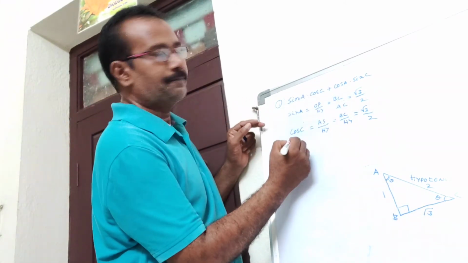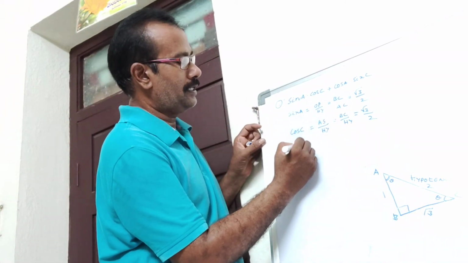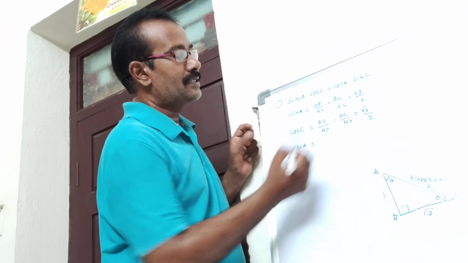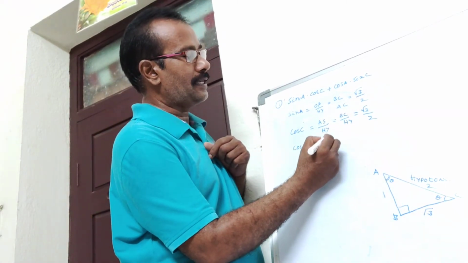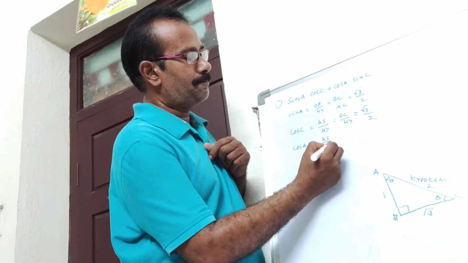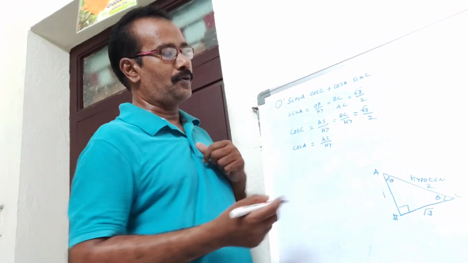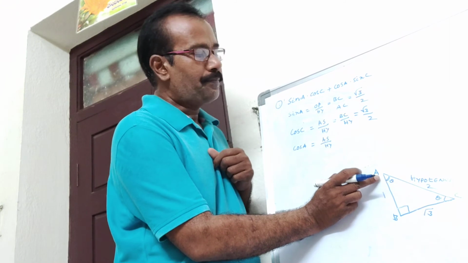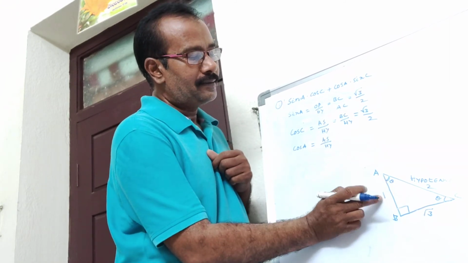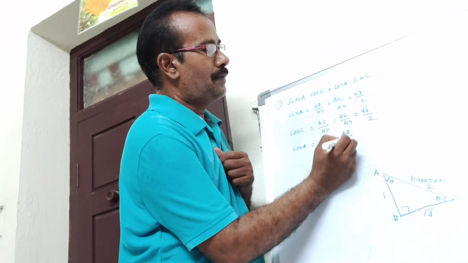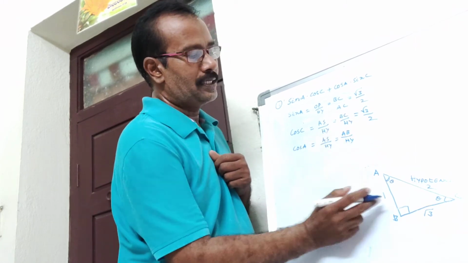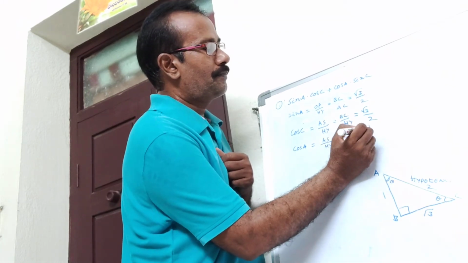Next cos A. Now we consider the angle at A. Cos A formula is adjacent side by hypotenuse. According to A, the adjacent side is AB by hypotenuse, that is 1 by 2.